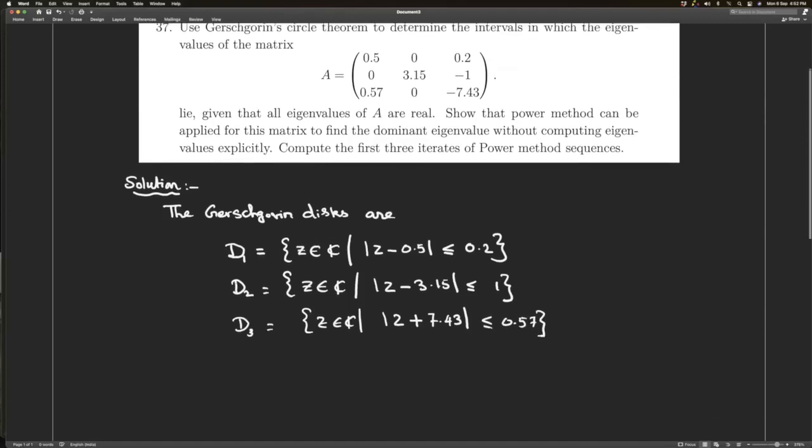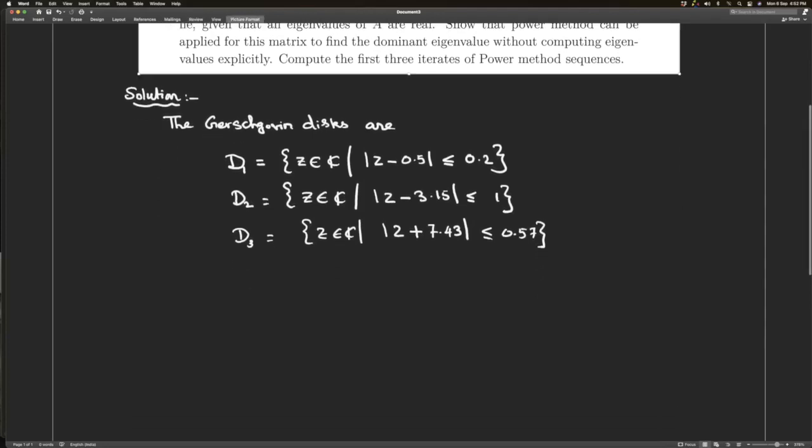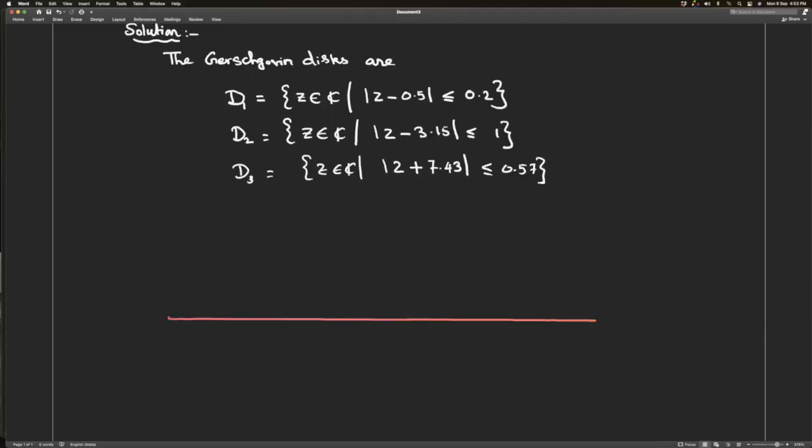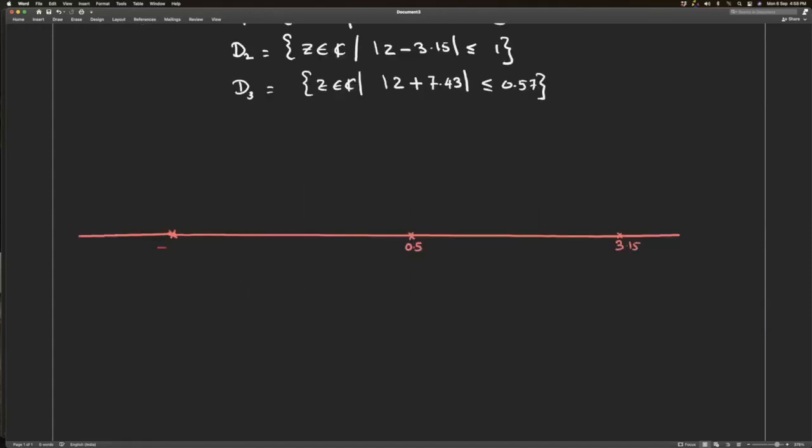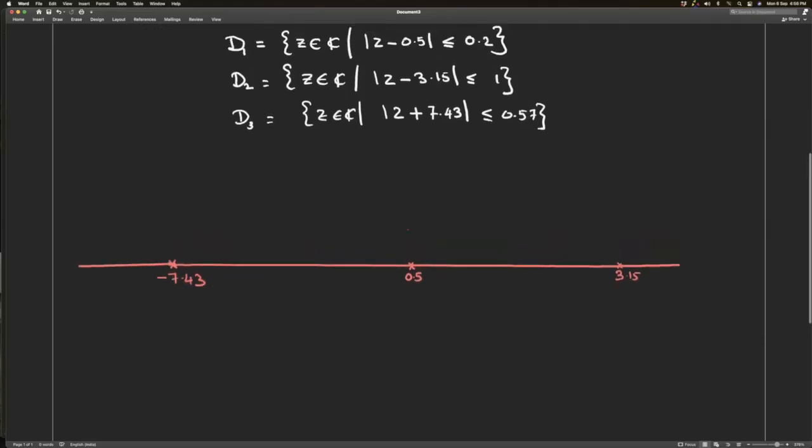Let us draw the Gerschgorin disks and see how they look. The first disk center is at 0.5. The second disk is going to have the center at 3.15. The third disk center is at minus 7.43, right? Now we can see that disk 1 has radius 0.2. Let us say it looks like this, assuming it's a circle.